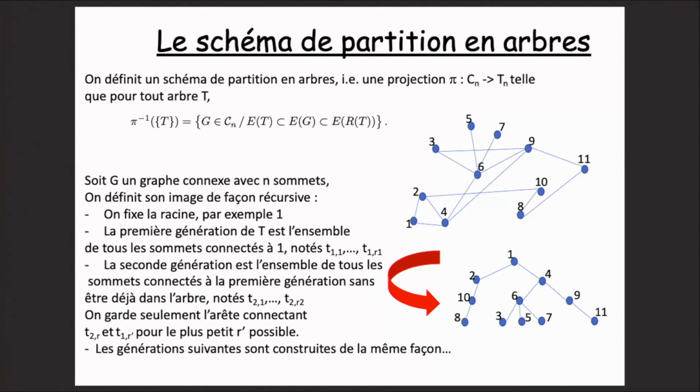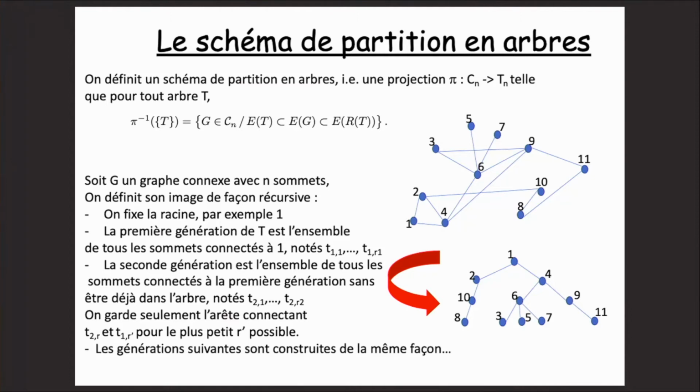So you start with 1. You see that 2 and 4 are the kids. Then for 2, the only kid is 10. And for 4, you have 2 kids which are 6 and 9. Of course you don't see this edge between 2 and 4. It has disappeared because it would create a loop.